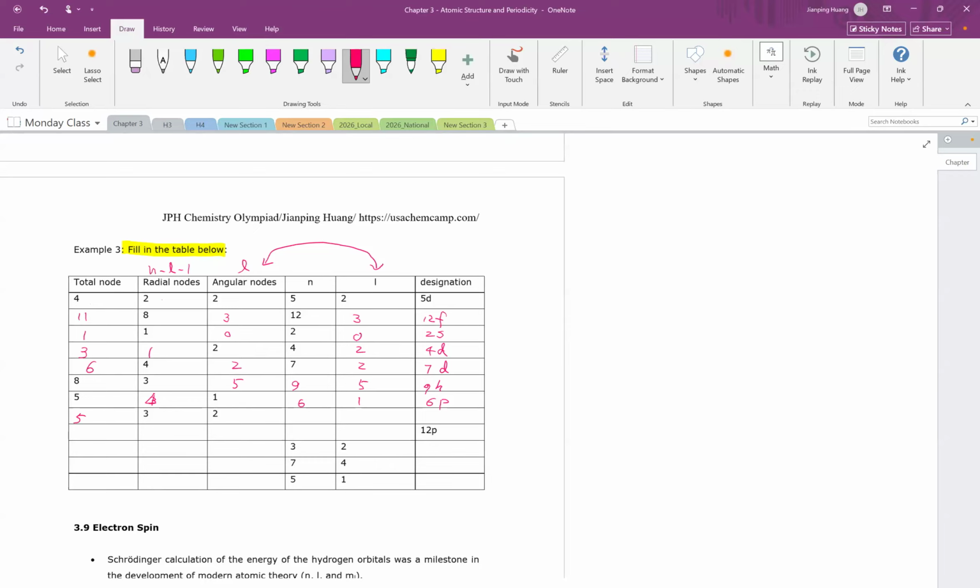2, 6, 2, 6D. 11, 10, 1, 12, 1. 2, 0, 2, 3, 2, 3D. 6, 2, 4, 7, 4, 7G. 4, 3, 1, 5.